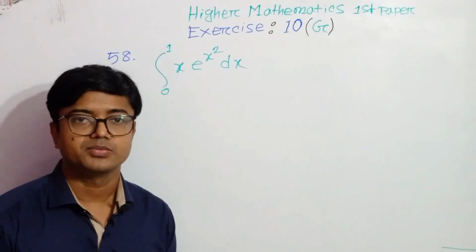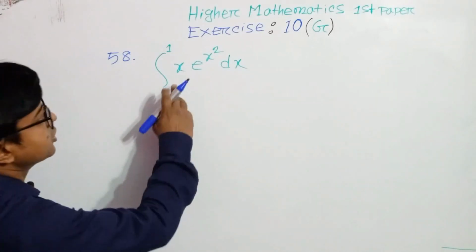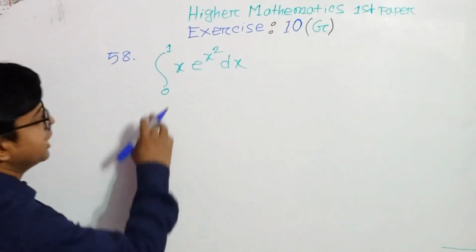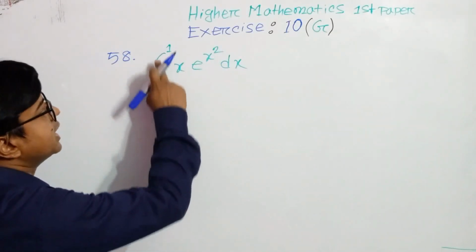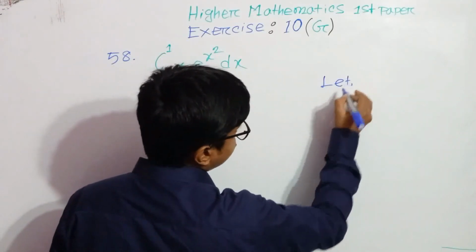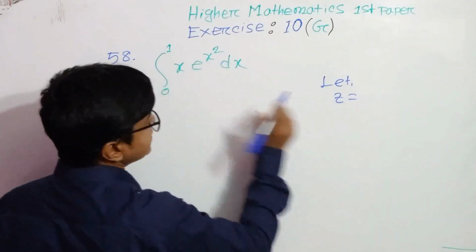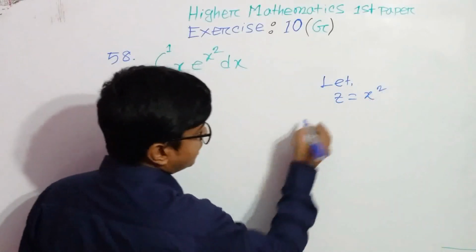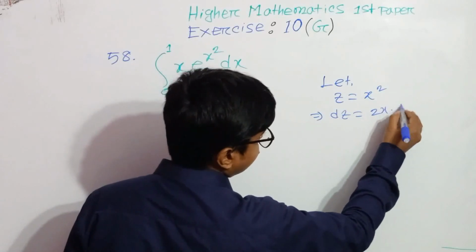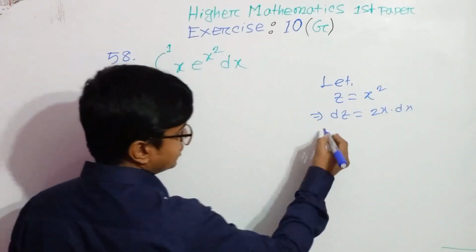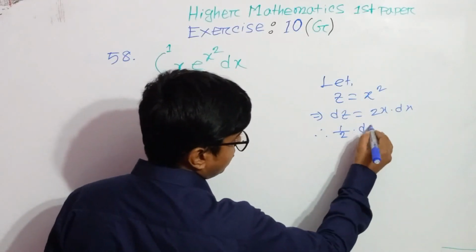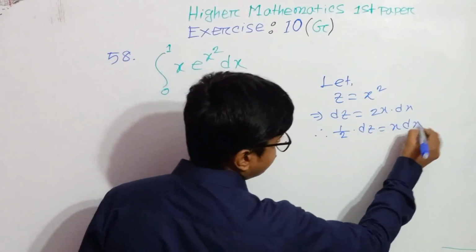Now question number 58. Integration of x into e to the power x square into dx. Here lower limit is 0 and upper limit is 1. So let z equals x square and dz equals twice x into dx. So therefore 1 by 2 dz equals x dx.